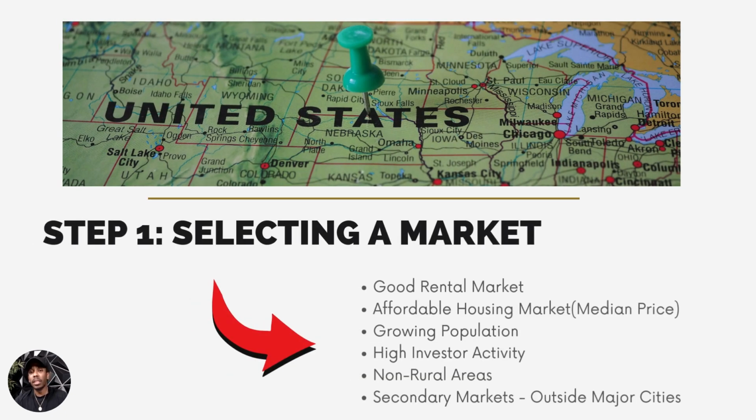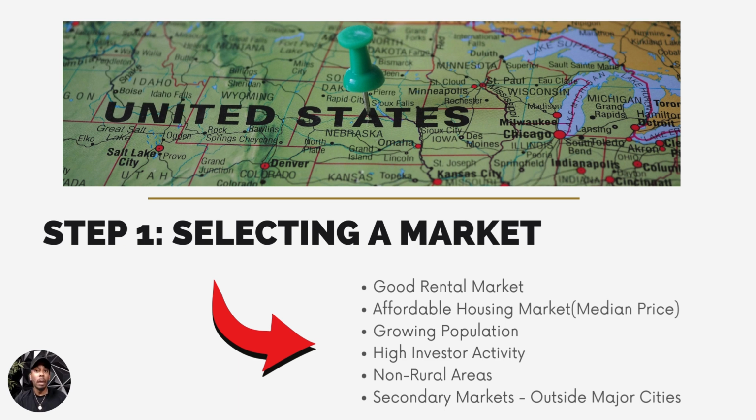So the first step is selecting a market. And here's some tips to help you select a good market that you want to be able to wholesale in, that you can consistently close deals in. So you want to look for markets that are good rental markets. Now, a strong rental market pretty much indicates that there's a demand from buy and hold investors who are often key buyers for wholesalers.